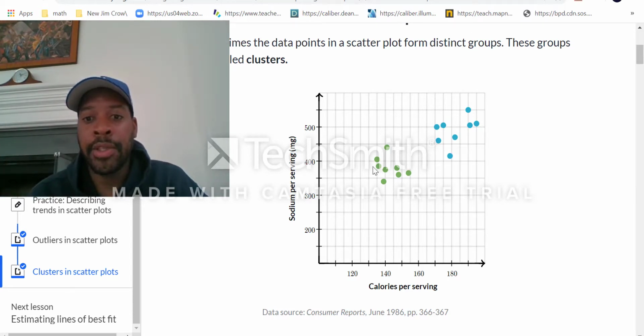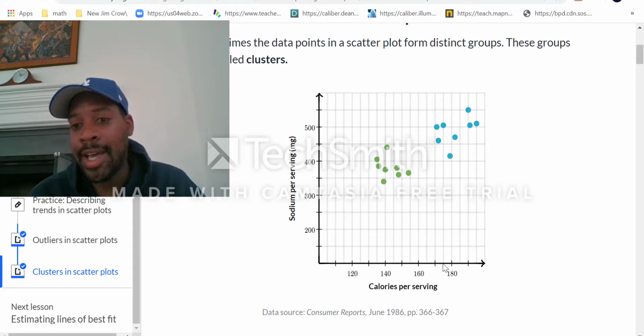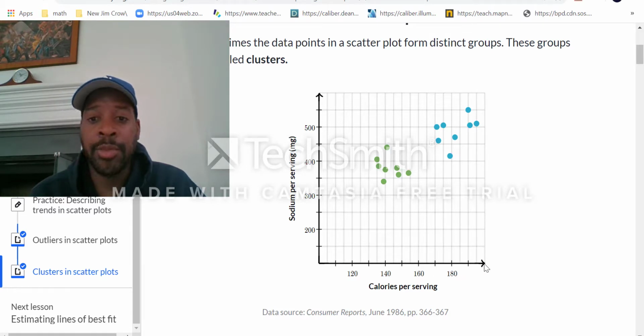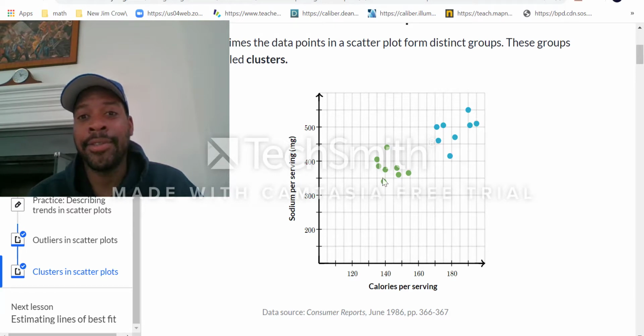So there's two clusters. One cluster is in the range from about 135 to about 155 for the calories per serving. And then one cluster is in the 170 range to the 185, 190, 195 range calories per serving, right? And they all hover in these two separate clusters, but they're all headed in a positive direction.